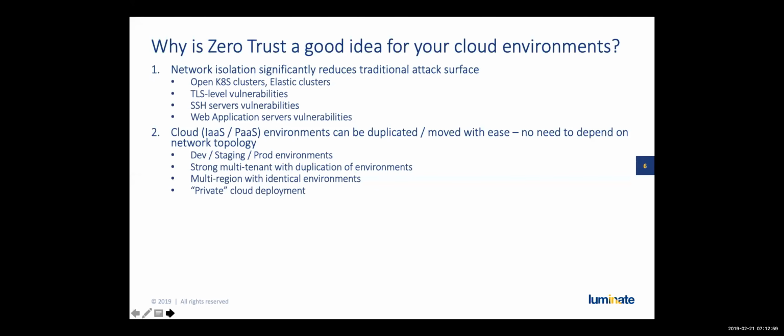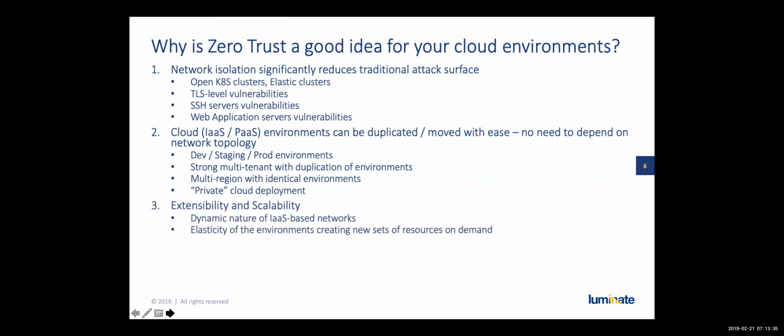And when all of the access scenarios to these infrastructures are done with Zero Trust, suddenly that duplication and move becomes much more agile because there is no dependency on your network address space. You don't need to consider network address translation for overlapping networks. There is no concern whatsoever whether you're running a single instance of this virtual environment or multiple instances. In any case, all you need to worry about is that each and every one of these instances has an identity, and the access is done without any network considerations, just based on the identity.